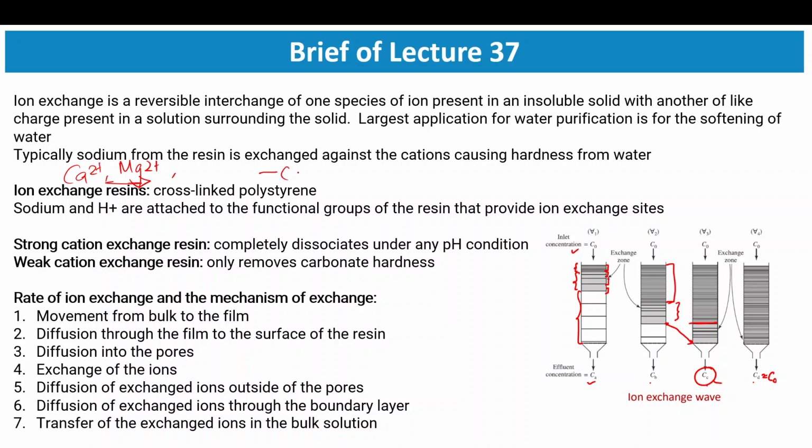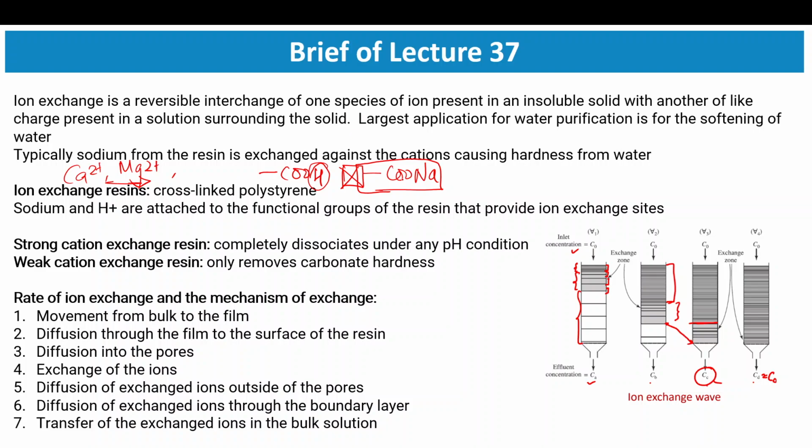And these functional groups, let's say it has a carboxylic functional group, like COOH. So the hydrogen from this is usually replaced. It can be as it is, or it could be in the form of, let's say, COONa. So this is also possible. And it is connected to some resin.